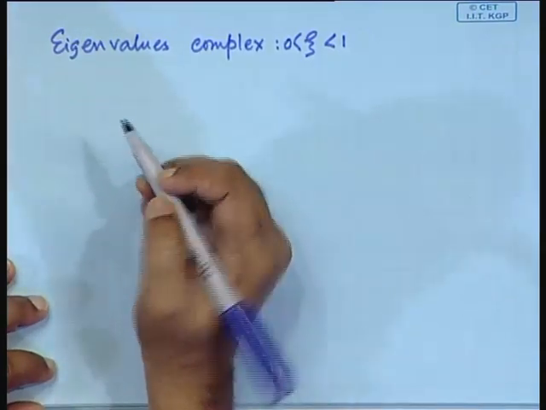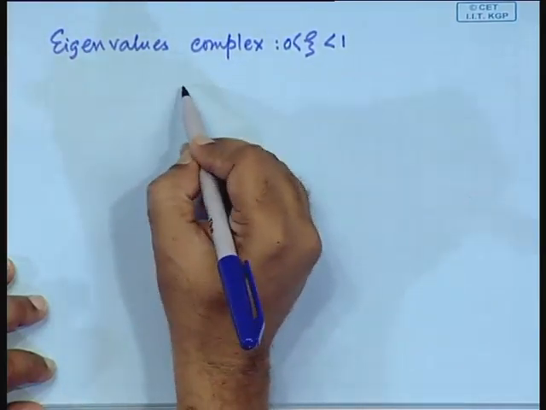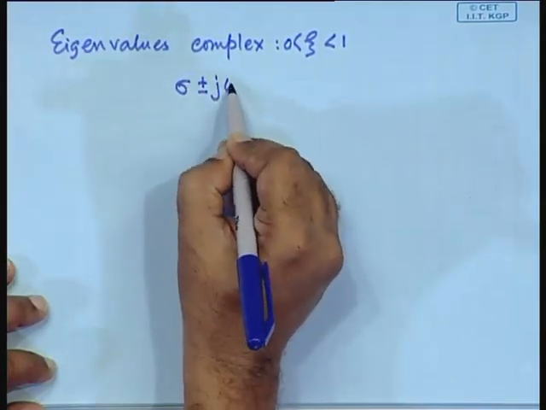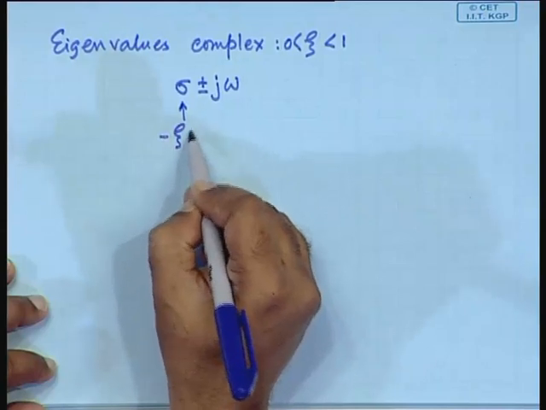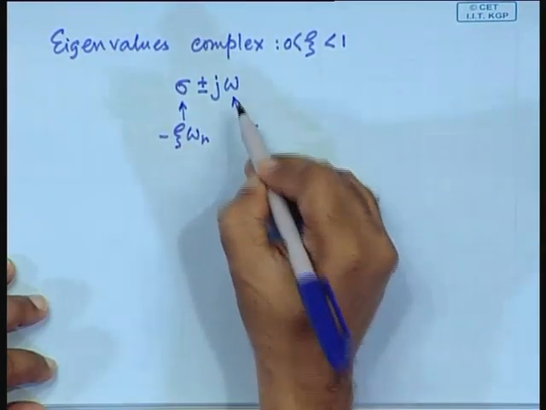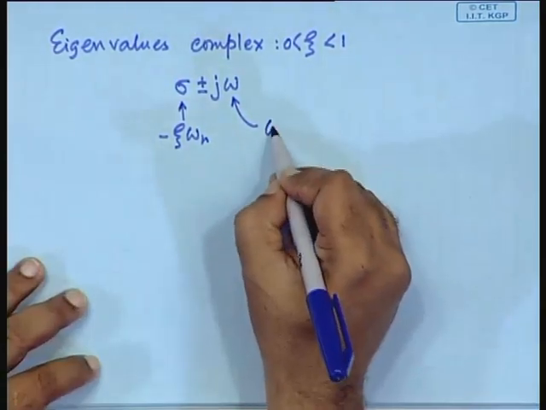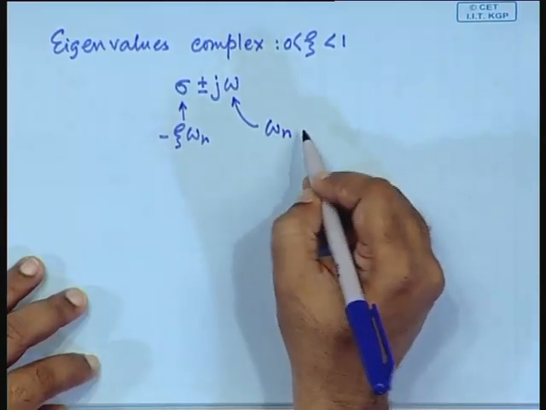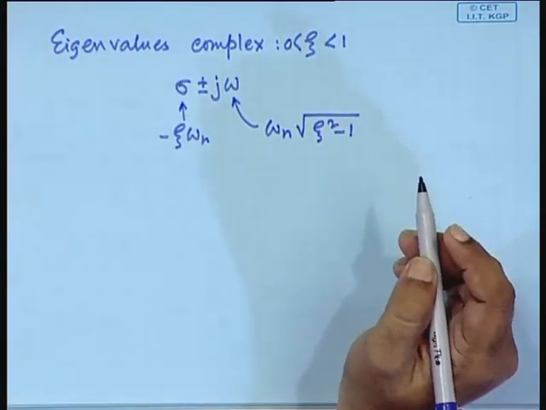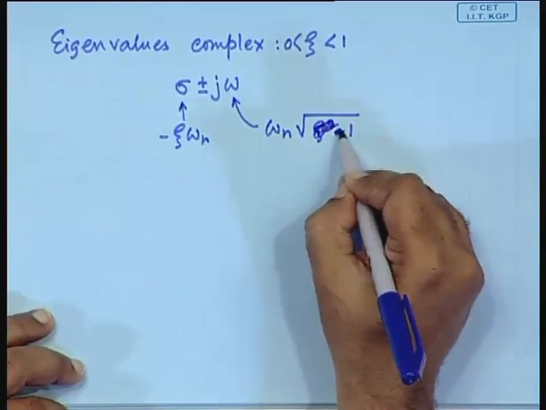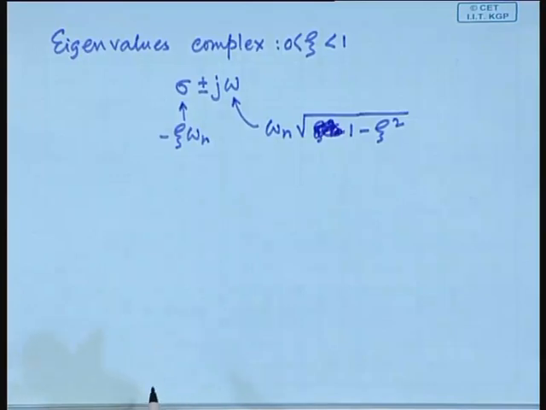In that case we have to write it in sigma plus j omega. So, eigenvalues complex would be sigma plus minus j omega, where sigma is minus zeta omega n and omega is omega n root over 1 minus zeta square, because you have to get a negative out of it, fine.